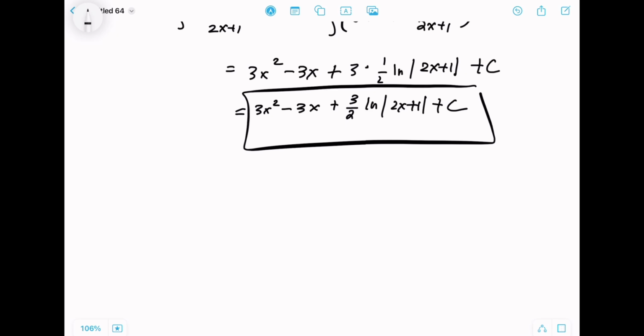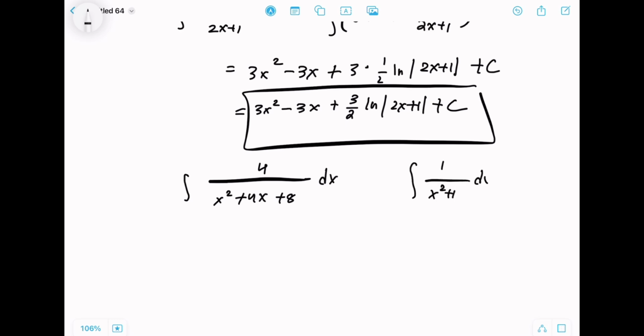Now, problem 3, I want to do the integral of 4 over x squared plus 4x plus 8 dx. So I can see that this is in the form of the integral of 1 over x squared plus 1, which we know is equal to tan inverse x plus c.